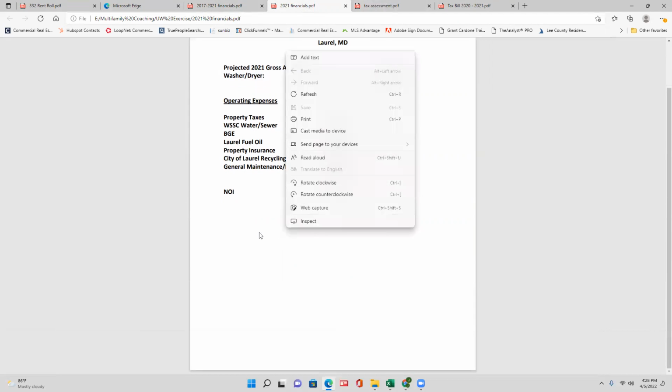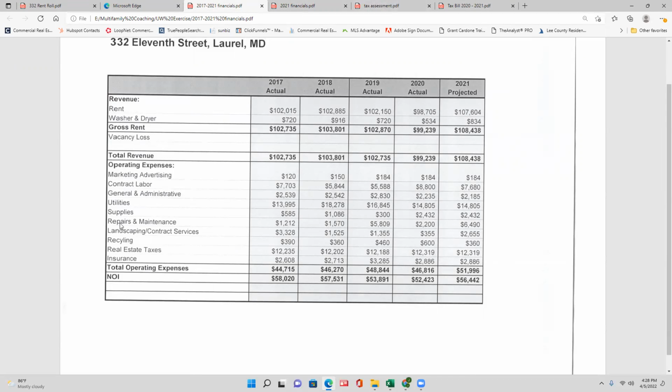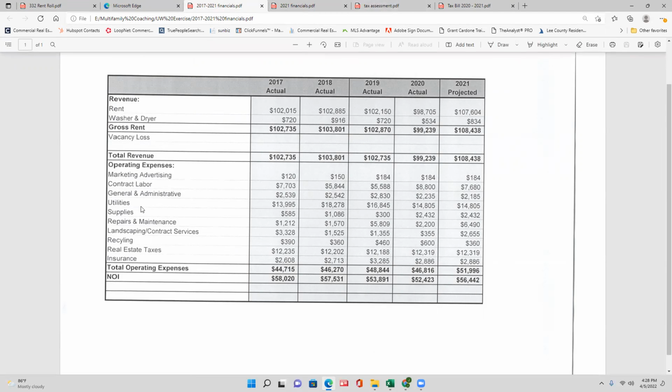So clearly somebody's off. They added something like the washer and dryer. Yeah, this looks more realistic because now they still don't have a managing expense, but it's okay. What we're going to do is go off 2020. We're not going to go off the projected.